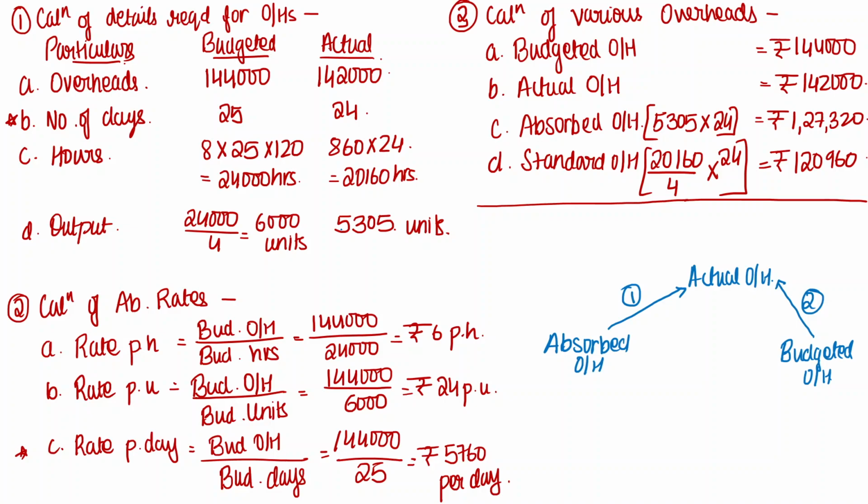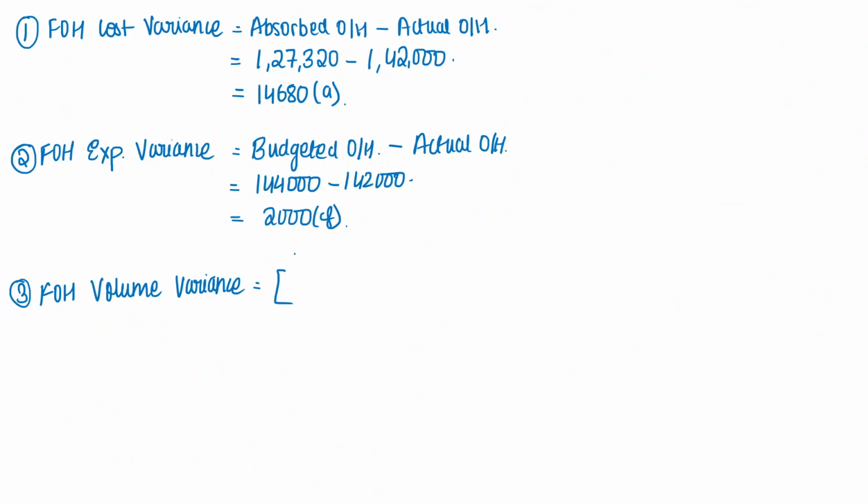Yes or no? Correct? You are able to absorb less. So 5305 minus 6,000, because it is bad, I want an adverse variance, into 24. So what is the formula?